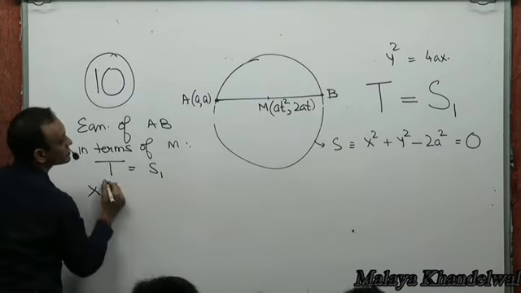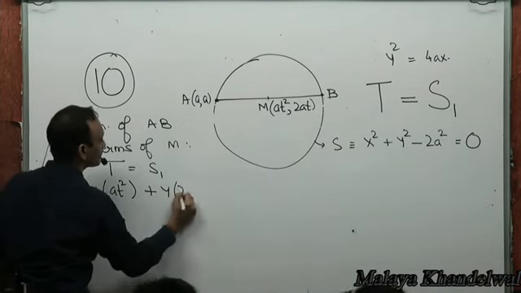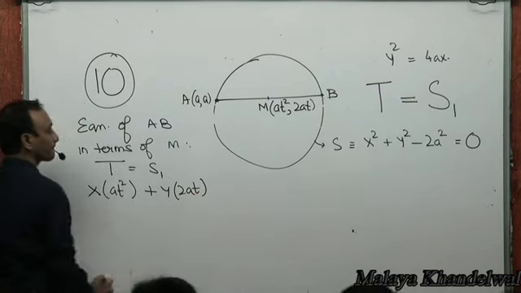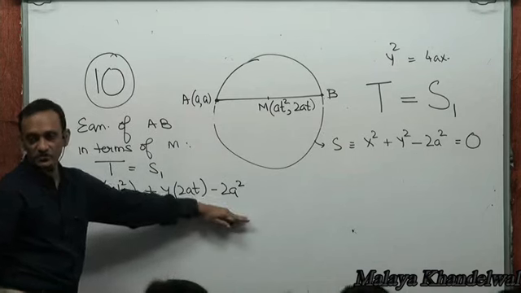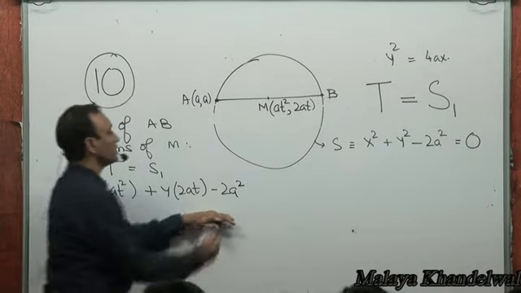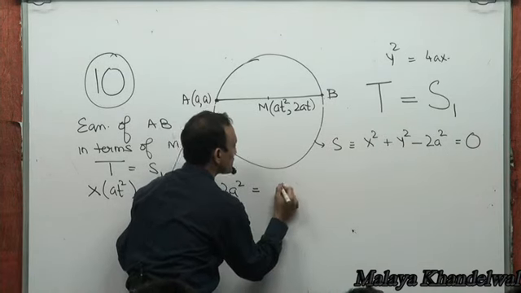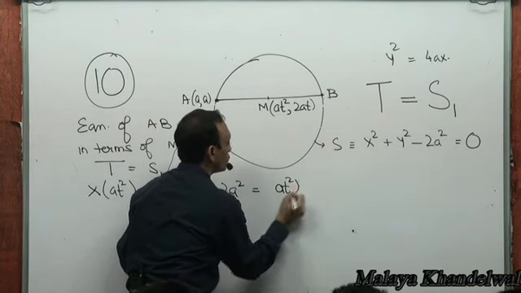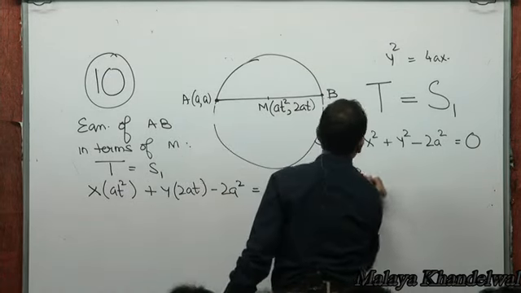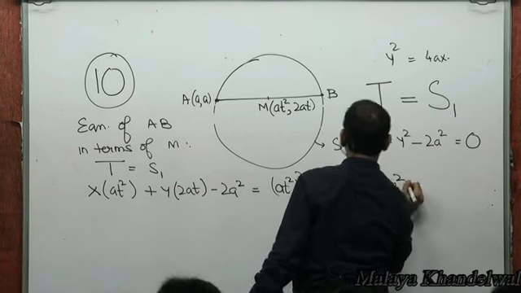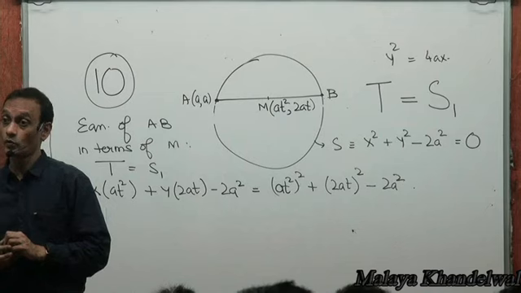T means xx1 plus yy1 minus 2a squared, isn't it? S1 is what? x1 squared, which is (at squared plus 2at) whole squared, plus y1 squared, which is (2at) whole squared, minus 2a squared. Right?